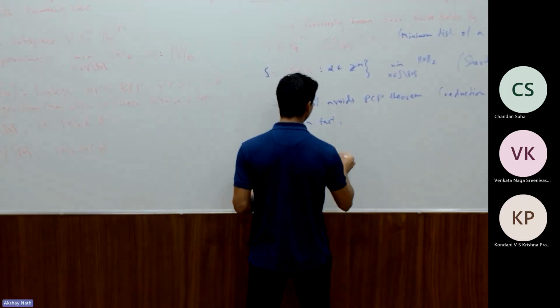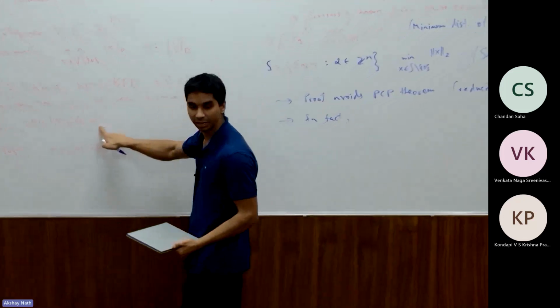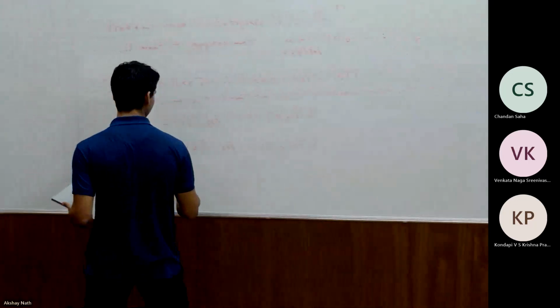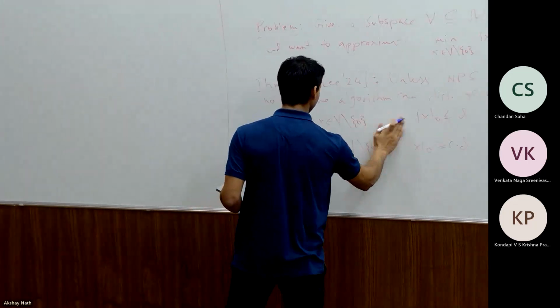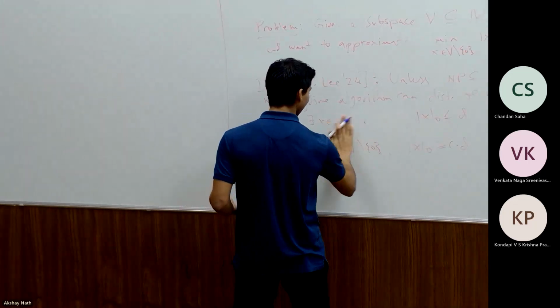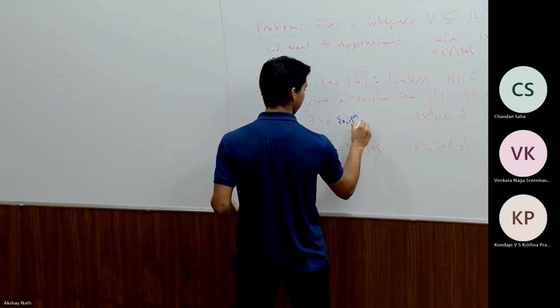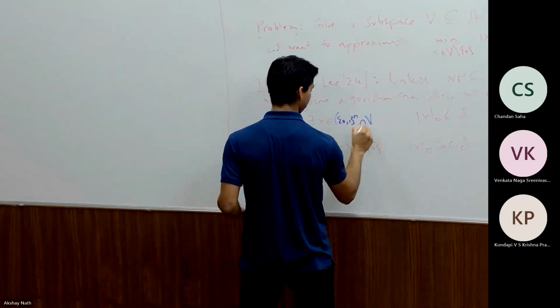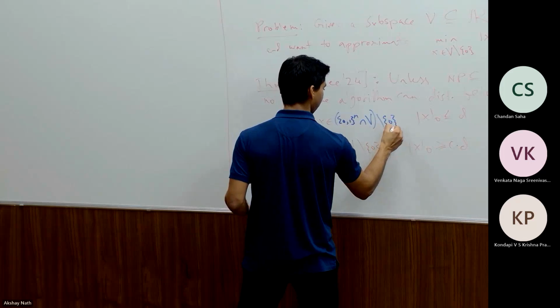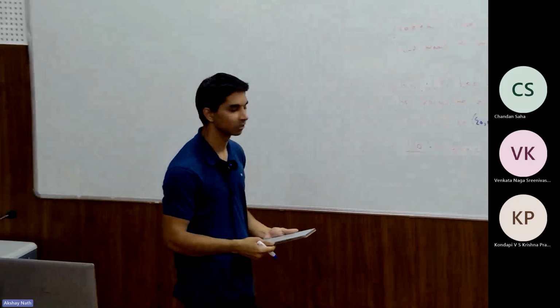So in fact, in the yes case, we have an additional property that there exists a 0, 1 vector that has this sparsity.